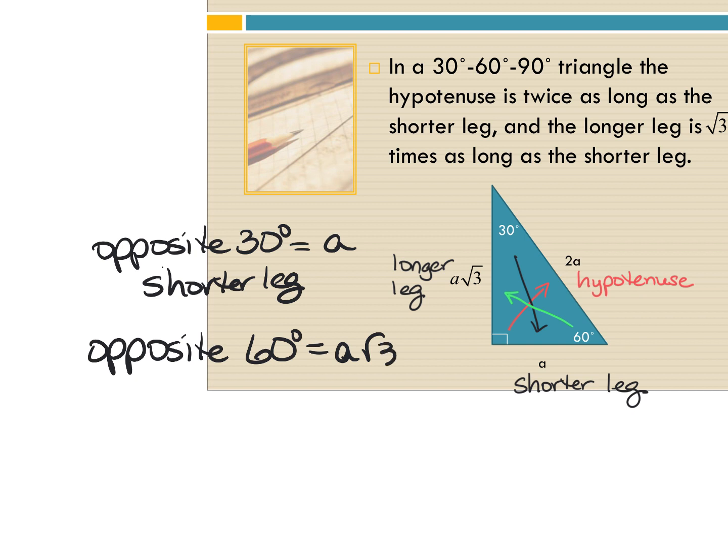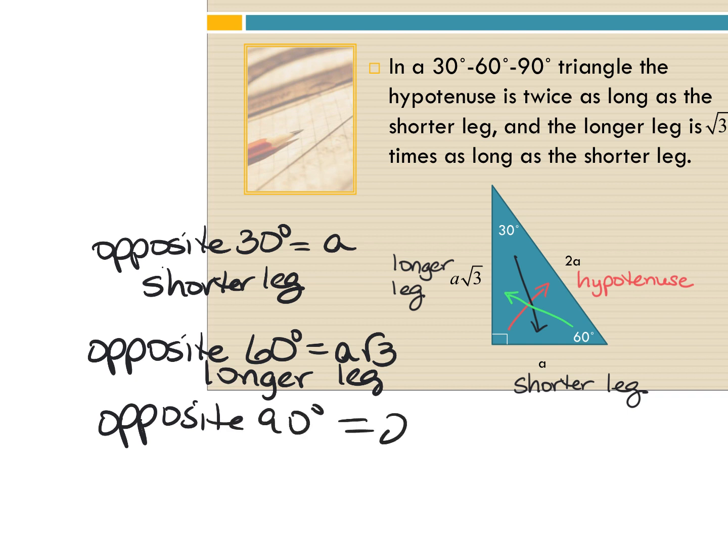And again, you don't have to use the variable A, because in the homework they're going to use different letters. Then the last one, opposite, and this is the longer leg. And then opposite the 90 is going to be whatever the shorter leg was times 2. And this is your hypotenuse.